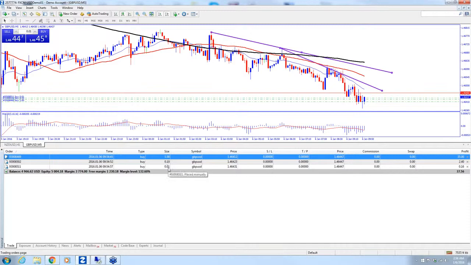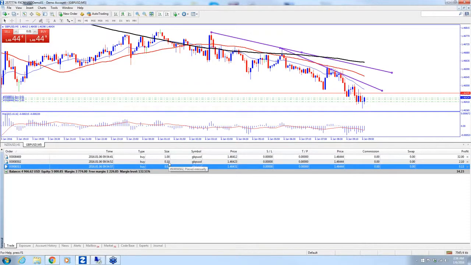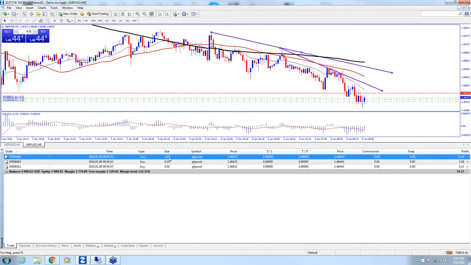But understanding the lot size, you have a micro, a mini, a standard. A standard means you're leveraging right here $100,000 in leverage. It's equivalent to $10 per pip. Right here on the screen, the fourth digit over.